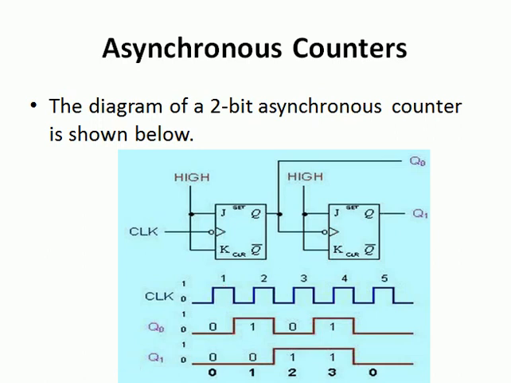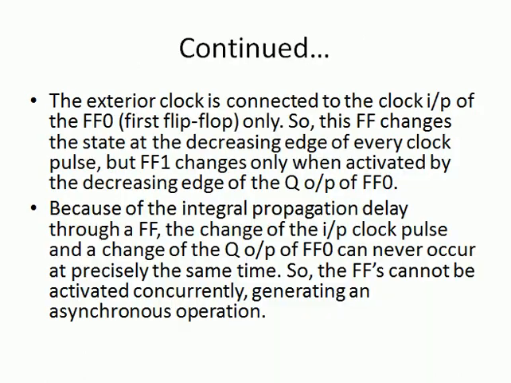All this is explained in the next slides. The external clock is connected to the clock input of flip-flop 0, that is the first flip-flop only. This flip-flop changes state at the decreasing edge of every clock pulse. But flip-flop number 1, the second one, we say FF1, changes only when activated by the decreasing edge of the Q output of FF0.